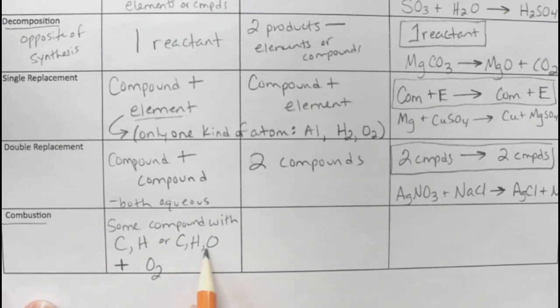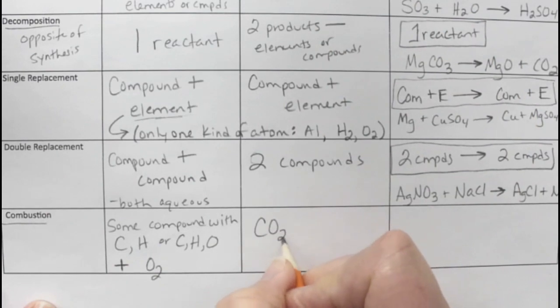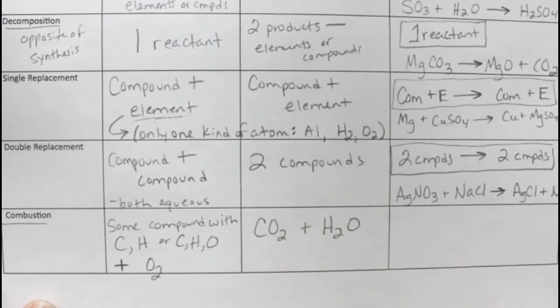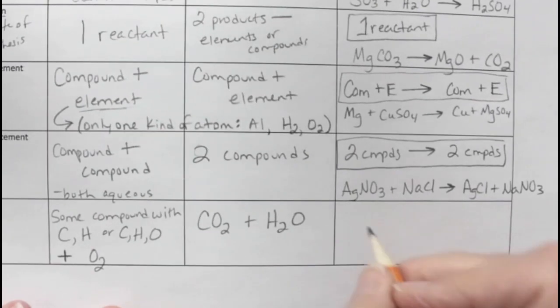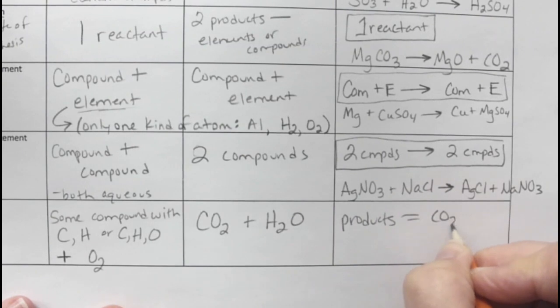So it'll be some compound with C's and H's or C's, H's and O's plus oxygen. The products are going to be carbon dioxide and water. And that's it. So that's what I'm going to use over here for our hint that the products are carbon dioxide and water.